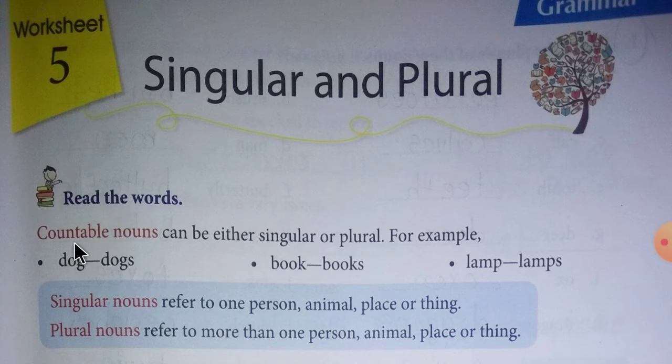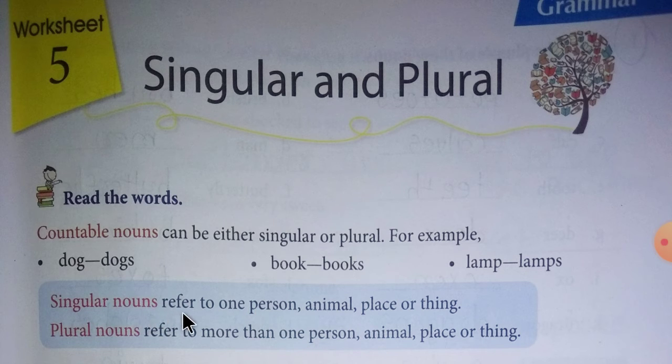Countable nouns can be either singular or plural. For example, dog, dogs, book, books, lamp, lamps. Now, definition.